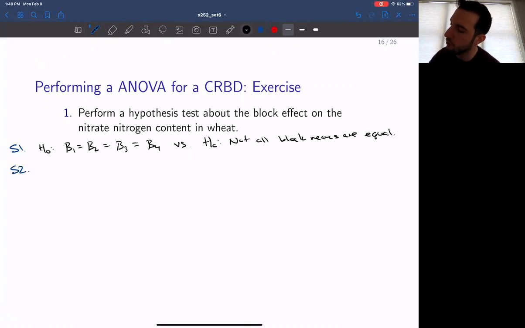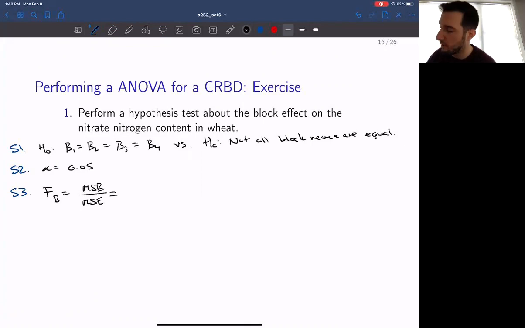And then on step 2, we'll have our significance level. And then on step 3, F for the block is going to be MSB divided by MSE, which from our ANOVA table will be 65.67 divided by 7.20, which is 9.120833. Right, so again, very similar to what we saw before.